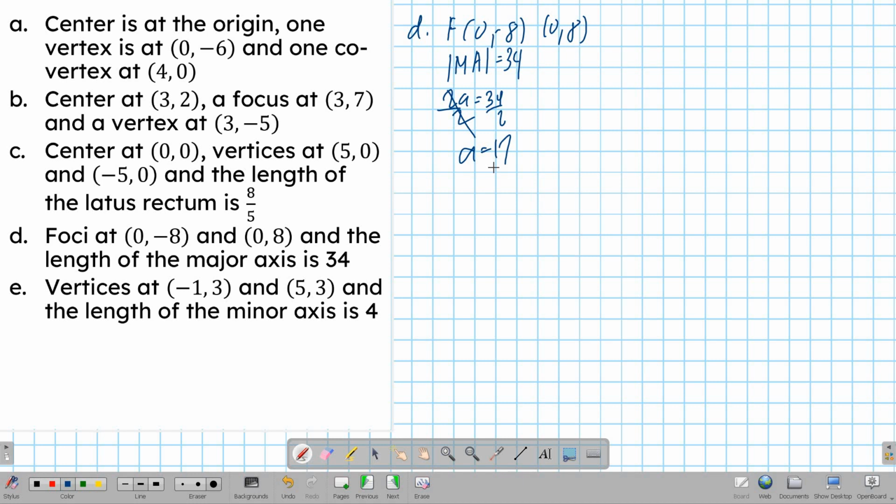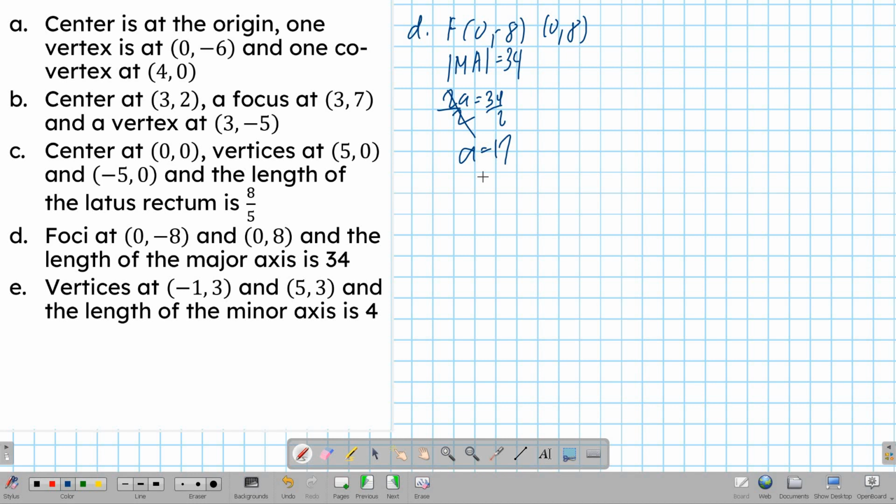The question is, how will this now help us in finding the equation? Now that we have a, if we know the center, then we can easily count.